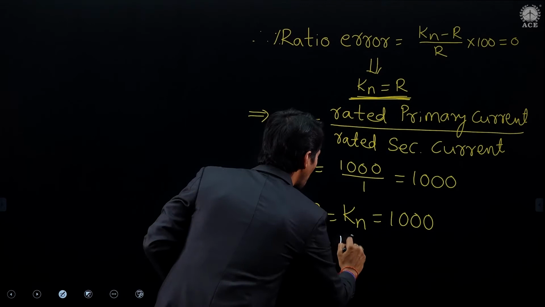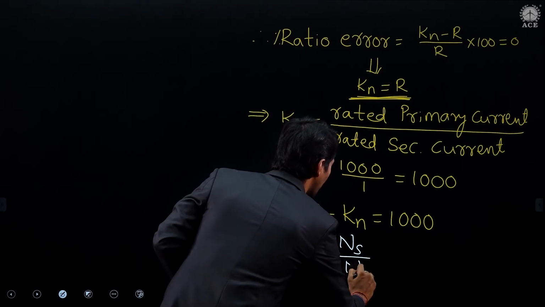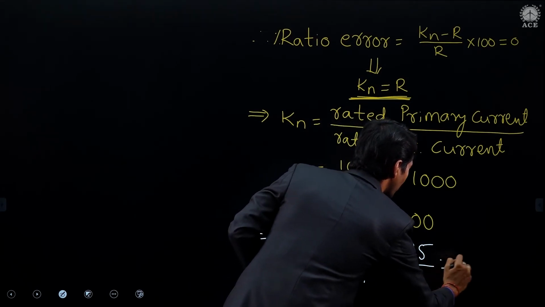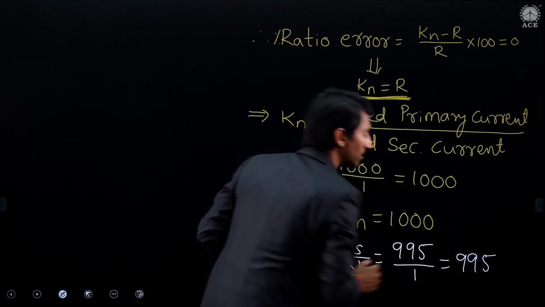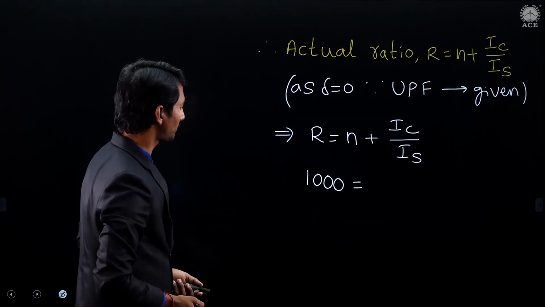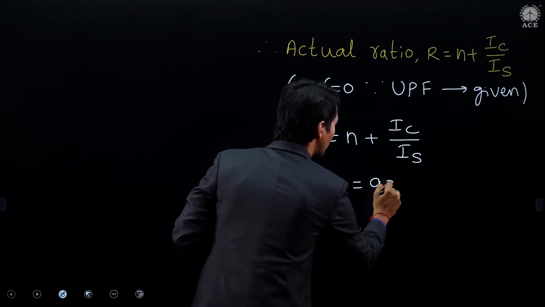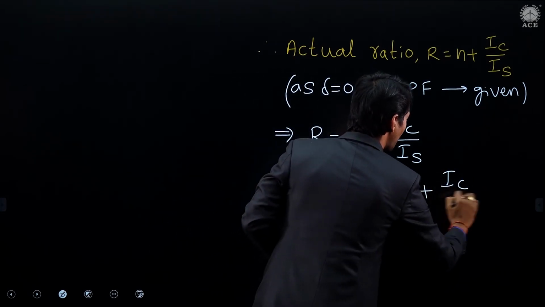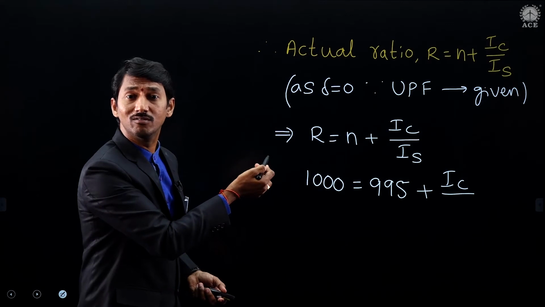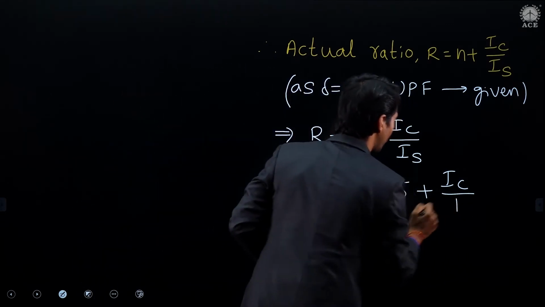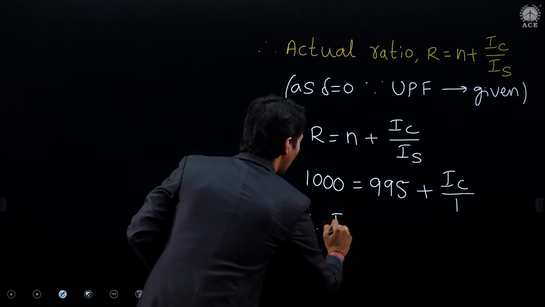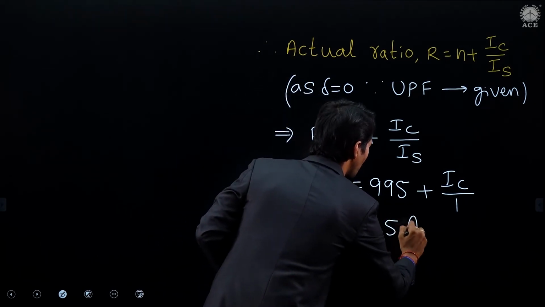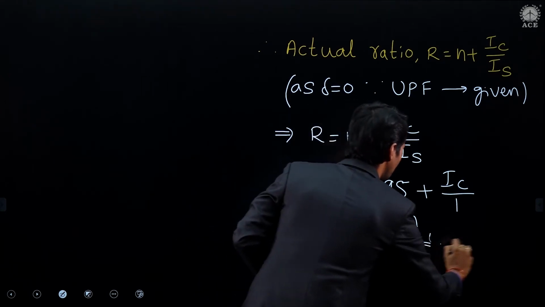NS by NP is 995 by 1, so the turns ratio is 995. Here the N value is 995 plus IC. The secondary current IS is already given as 1 ampere. So finally, IC is equal to 1000 minus 995, which is 5 amperes.